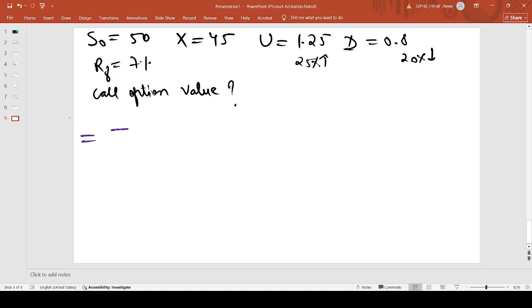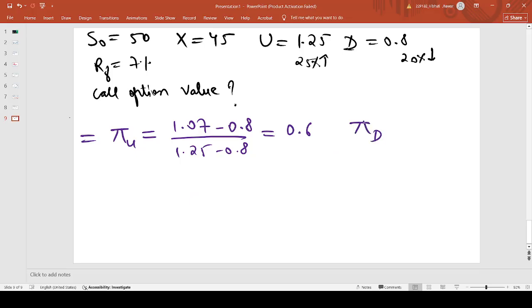Probability of an up move would be 1.07 minus 0.8 upon 1.25 minus 0.8. This is 0.6. So 60% is the chance that the stock price will increase, and 40% is the chance that the stock price will decrease.